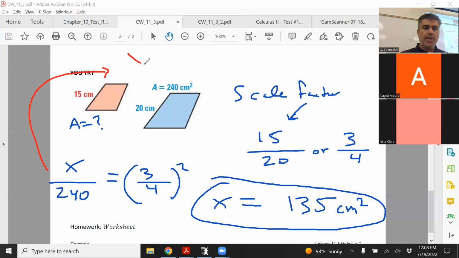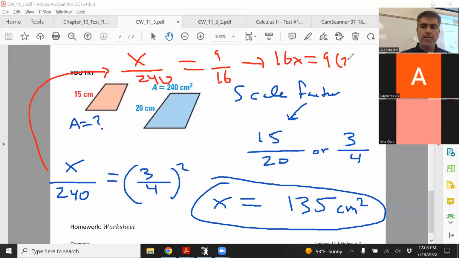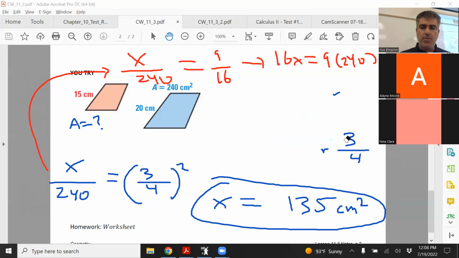So x over 240 equals 9 out of 16. 16x equals 9 times 240. I can erase this stuff now. 9 times 240, I believe, is going to be 2160.